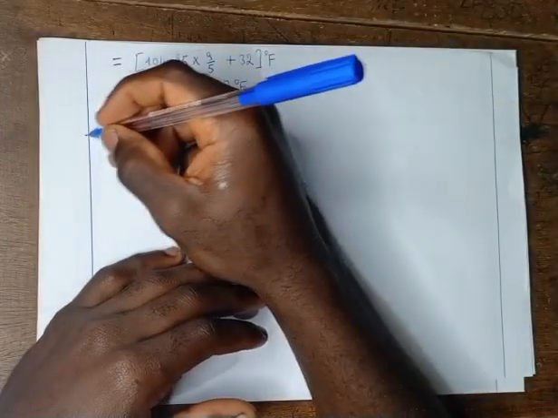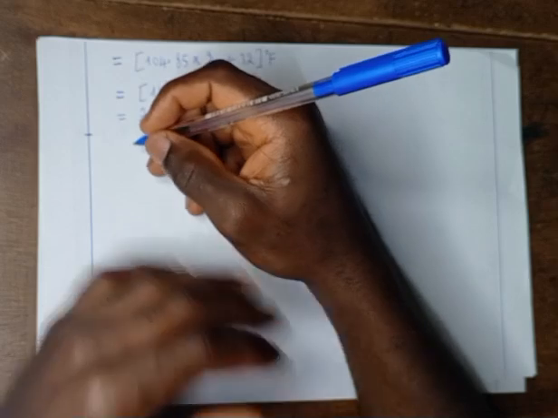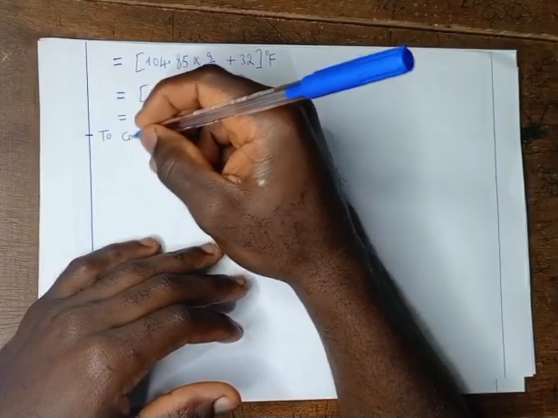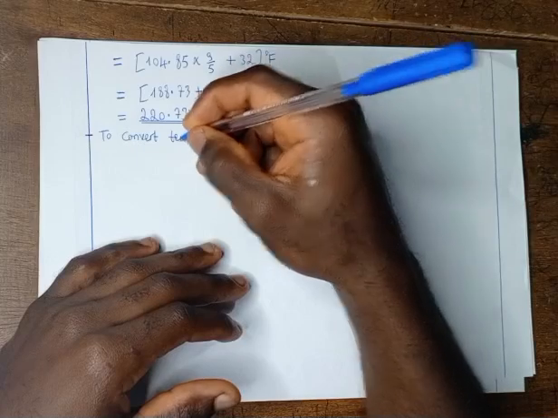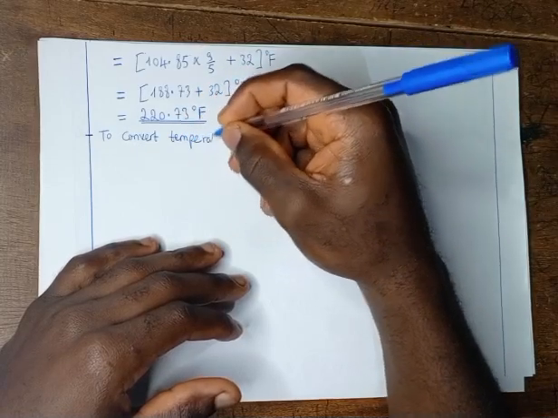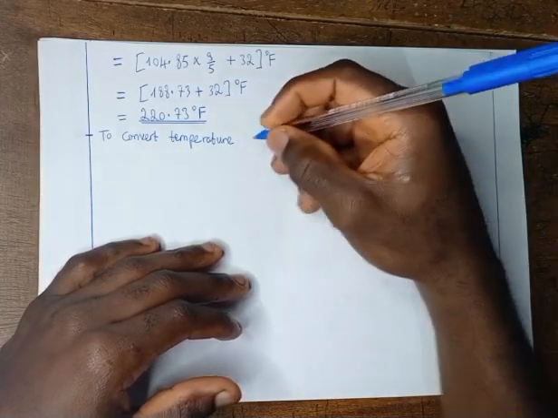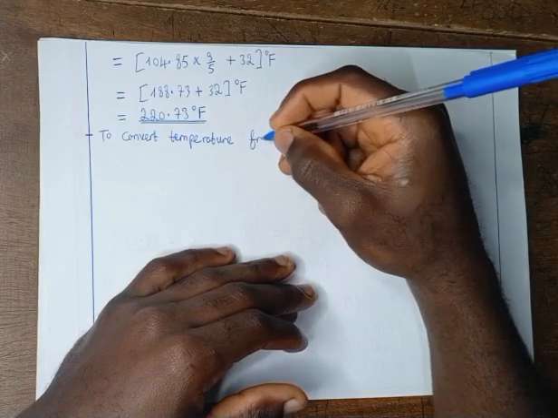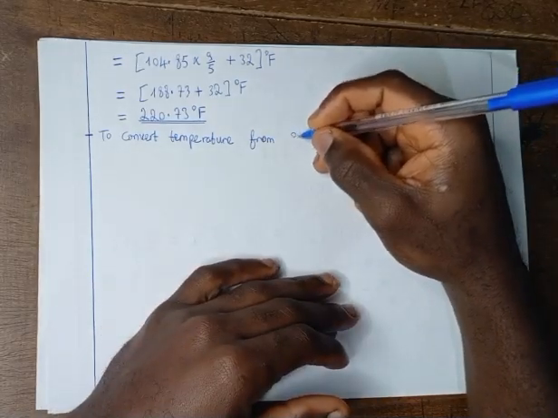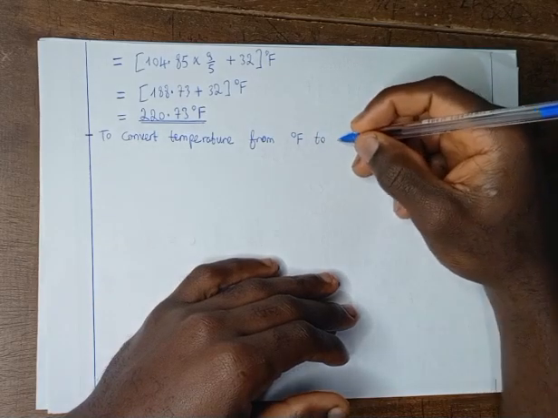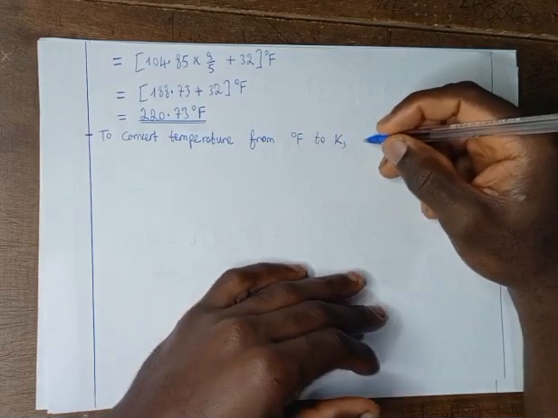Next, we go to the second hyphen: convert temperature from degrees Fahrenheit to Kelvin.